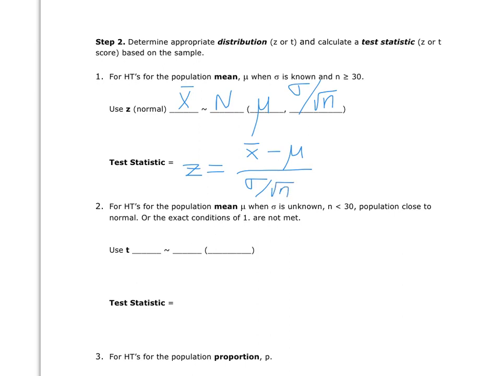Okay, now the question is, what is this mu that we put in there? It is the mu from the null hypothesis. So mu is from the null hypothesis, whatever that value is, and it's also in the alternate as well. It's the fixed value in the hypotheses.